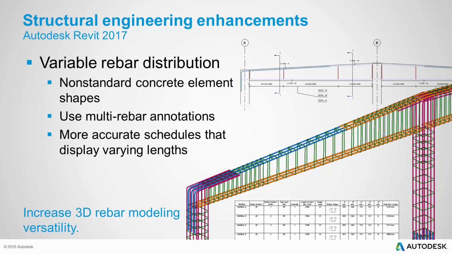This kind of flexibility is something we keep trying to add to our reinforcement modeling, so we can get complete 3D rebar modeling into Revit, so people can document their entire model from start to finish. We're working with a lot of partners to automate placement of that, so a lot of the time, some models can be modeled with a complete set of rebar without having to place it manually.